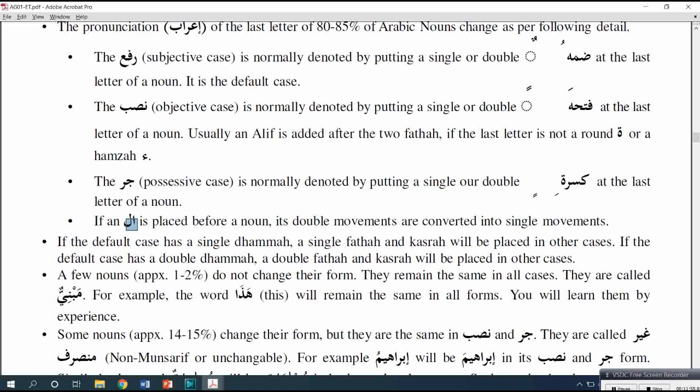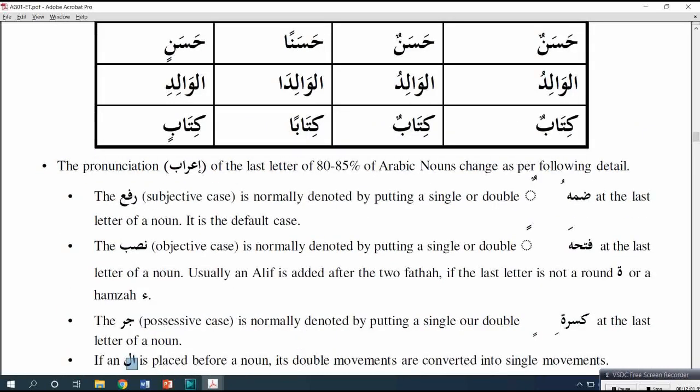It was walidun, but when you add alif lam, which means some special father, then you have to take single only. Al walidu, or al walida, or al walidi. So don't use double bar. You will not use this. Is it clear?